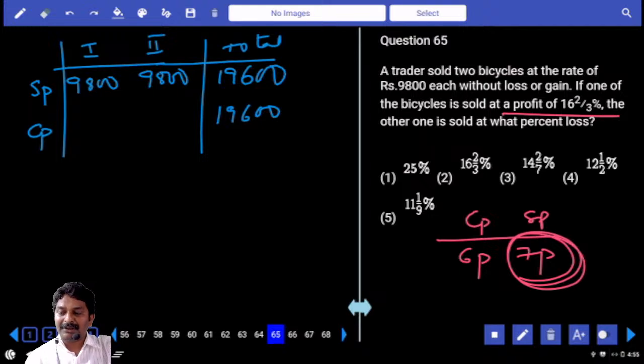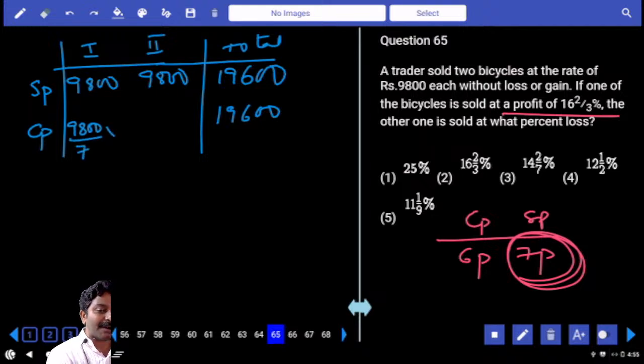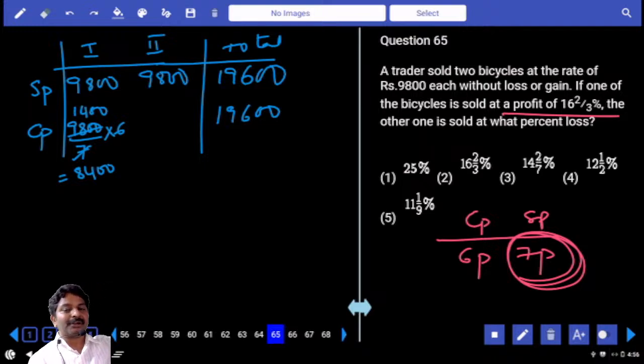It has to be equal to 7 parts. 1 part is equal to 9,800 by 7. Cost price is 6 parts, that is 1,400 times 6, 8,400. You know the total cost must be equal to 19,600. Then selling price of the other item must be equal to 11,200.